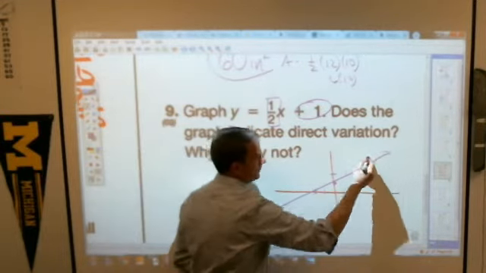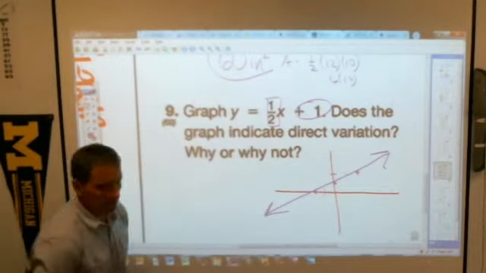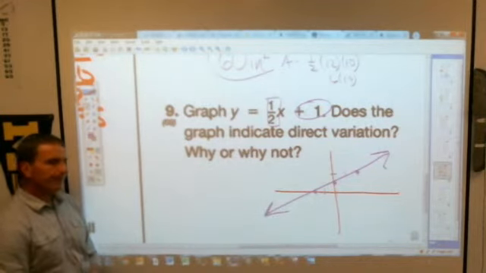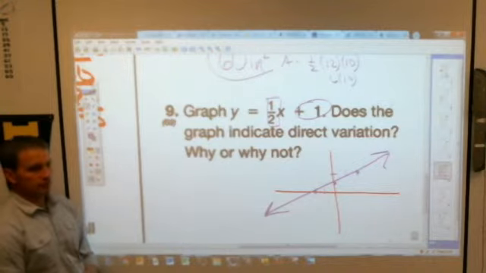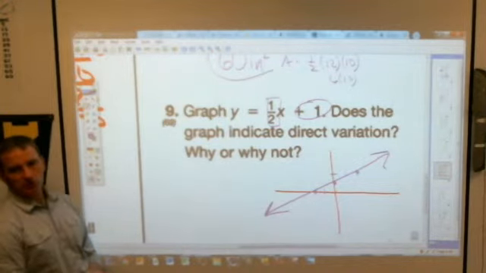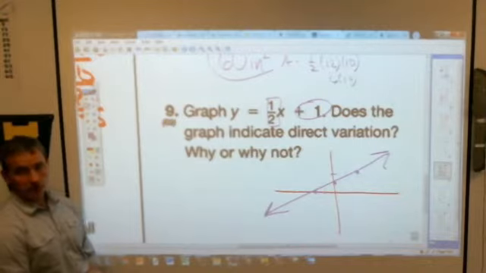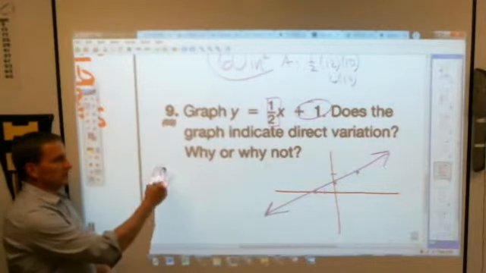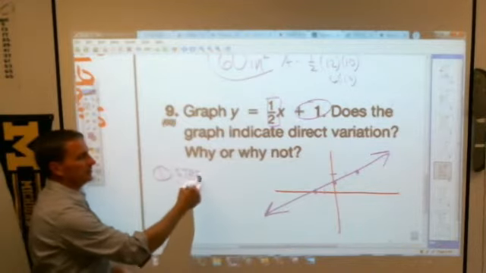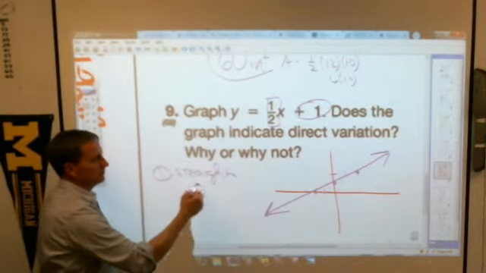How do I know if I have direct variation? Anybody? Direct variation is really the same thing as proportional. Two things have to be true for something to be proportional or be direct variation. The first thing, ladies and gentlemen, is it has to be a straight line. Do I have a straight line? In fact, I do.